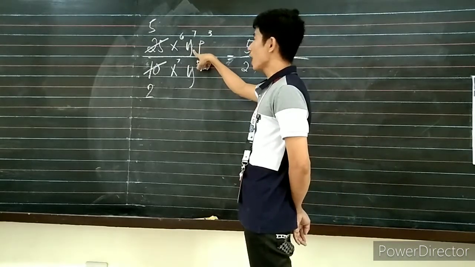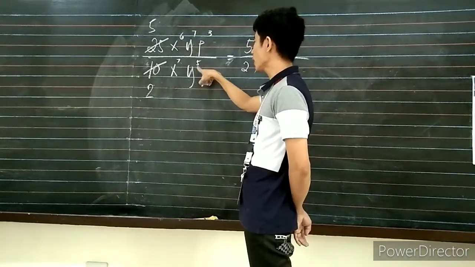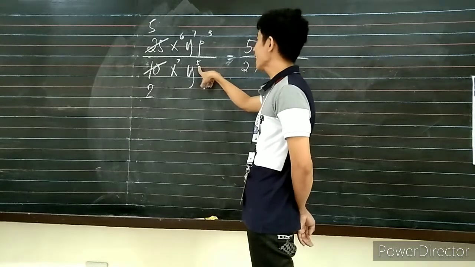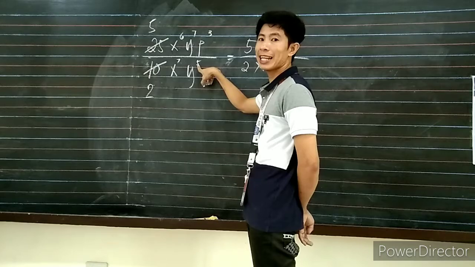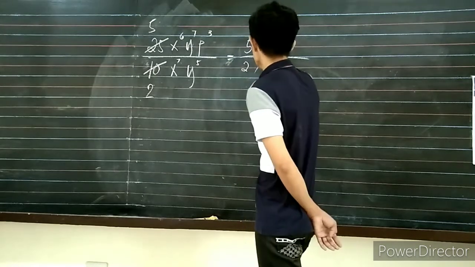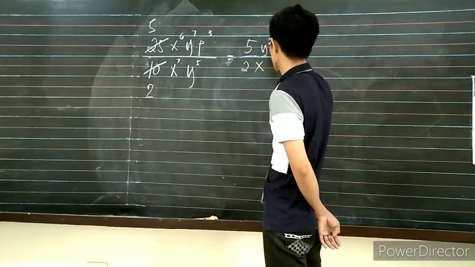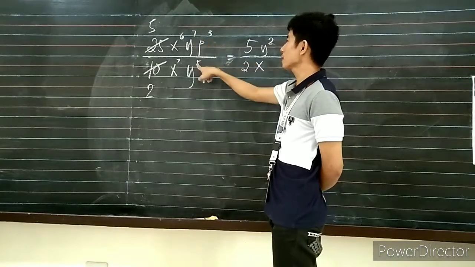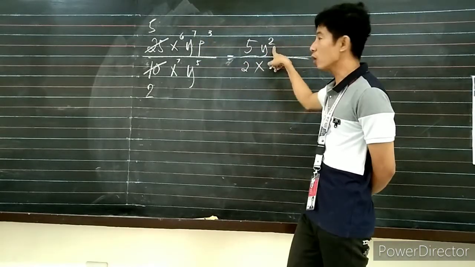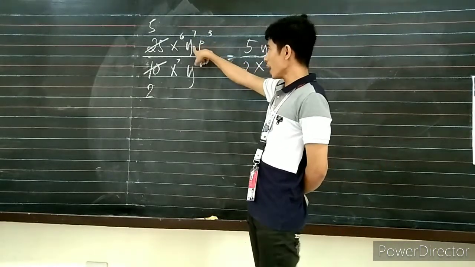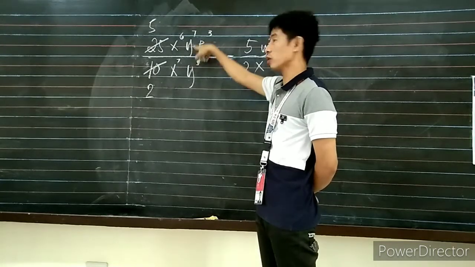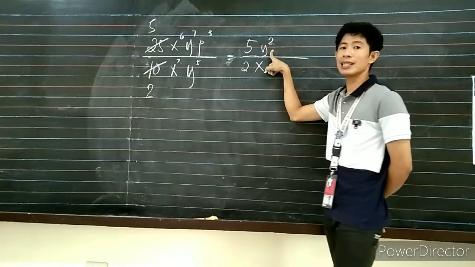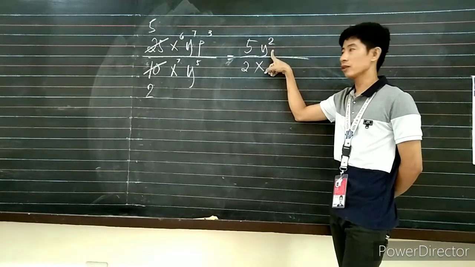In our y to the 7th and y to the 5th, we have 7 minus 5, and the answer is 2. So that is y raised to 2. And take note, y with the bigger exponent is in the numerator, so it is also written in the numerator.